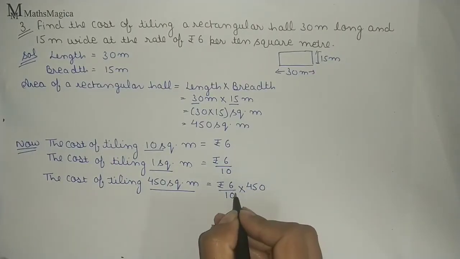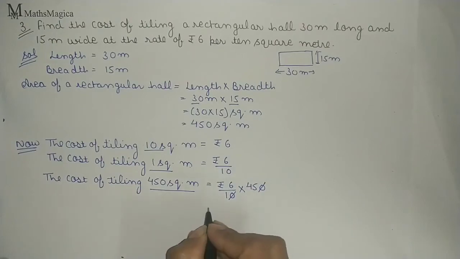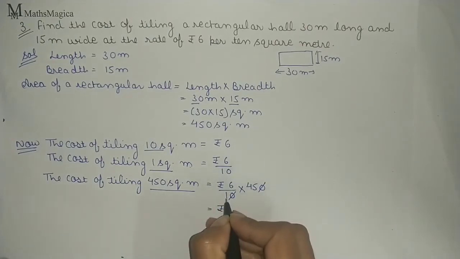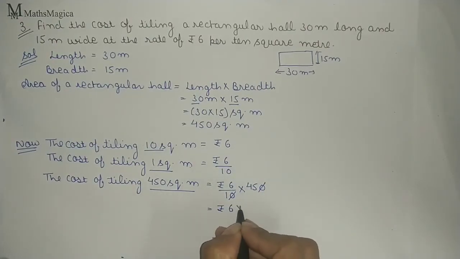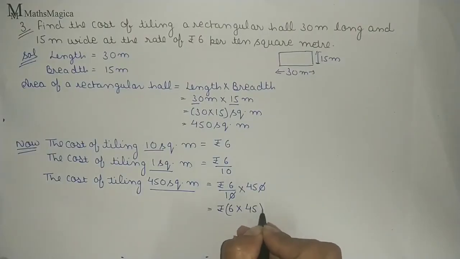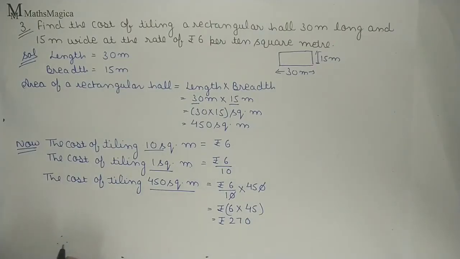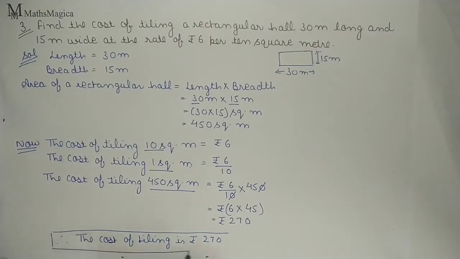Now simplify it. 0 cancel with 0. Rupees 6 divided by 1 is rupees 6 multiply with 45. Rupees 6 multiply by 45 is 270. Therefore, the cost of tiling is rupees 270. This is your required answer.